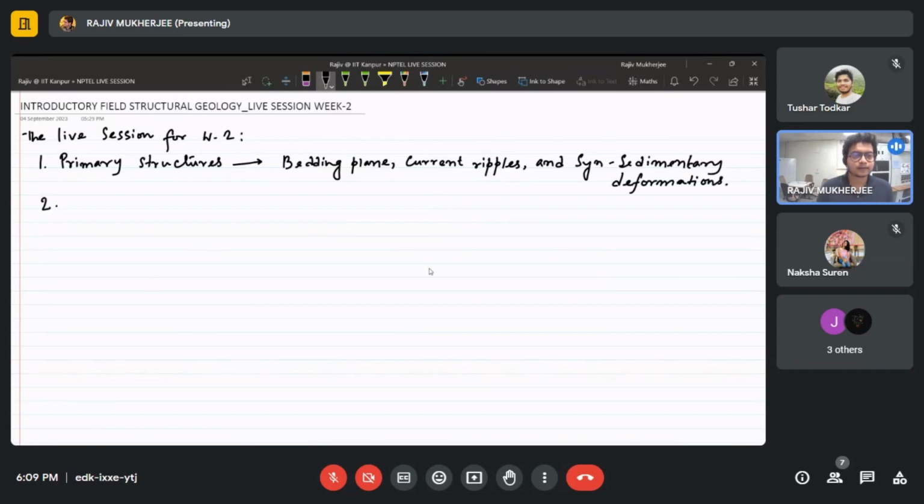And in the second part of this week we also talked about the secondary structures, which includes the foliations and lineations, different kinds of lineation.